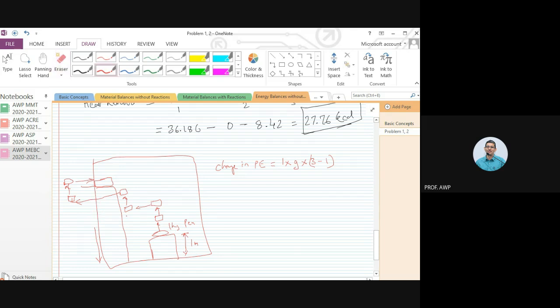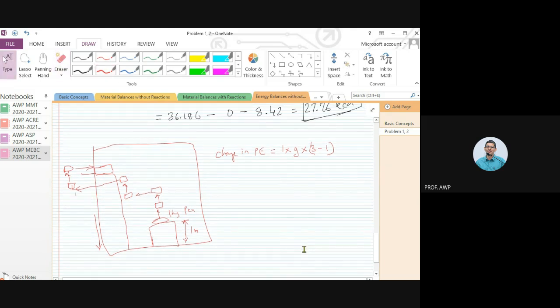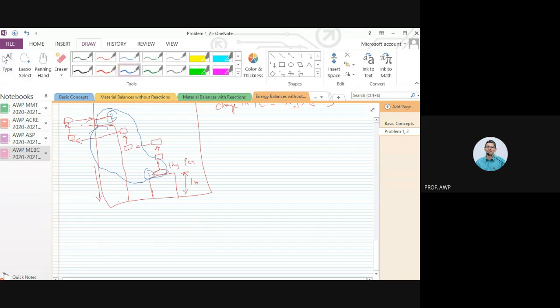But if you think about this as a control volume, I am taking my pen from location 1 to location 2. If I say that I stay on the 2nd floor, this is my ground floor.